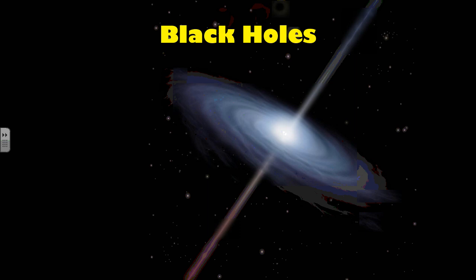And we call this object in the interior of a black hole a singularity. It is an object in there. And that object has a tremendous amount of gravitational pull because it is so dense.